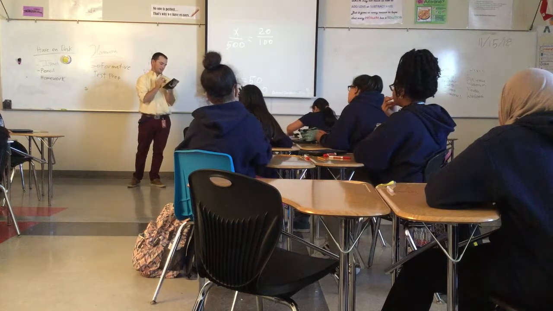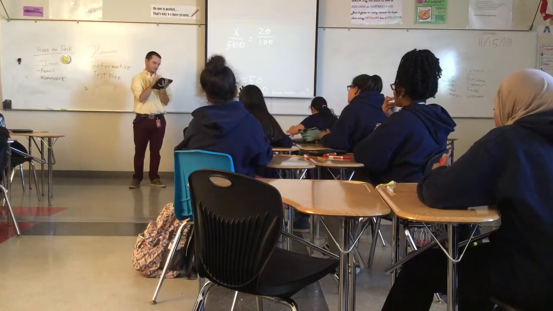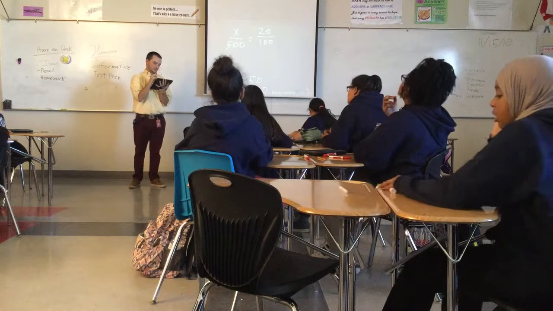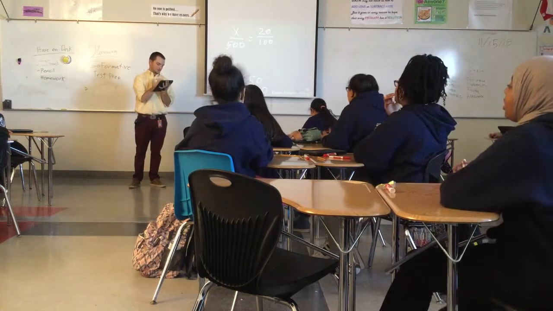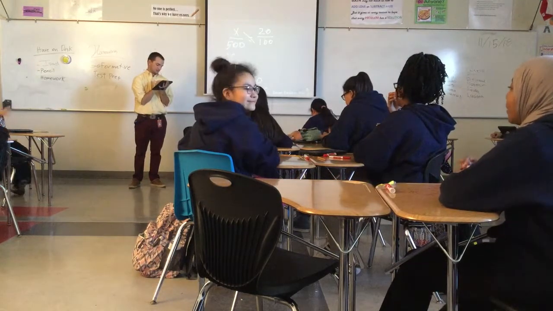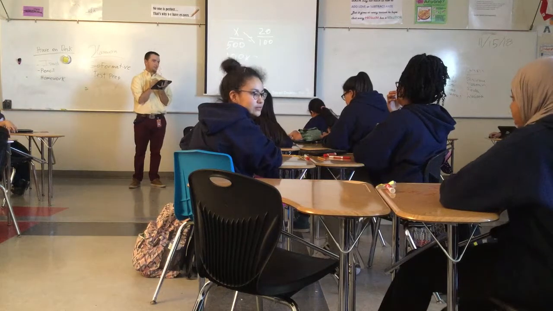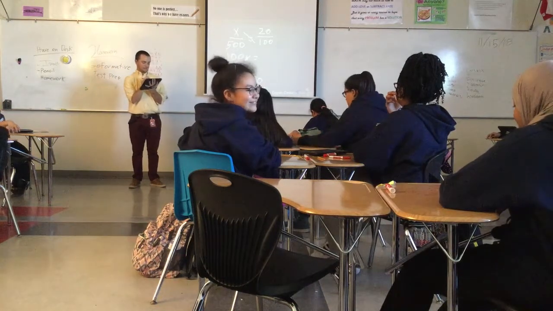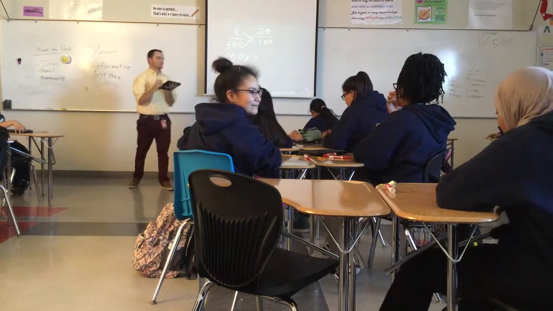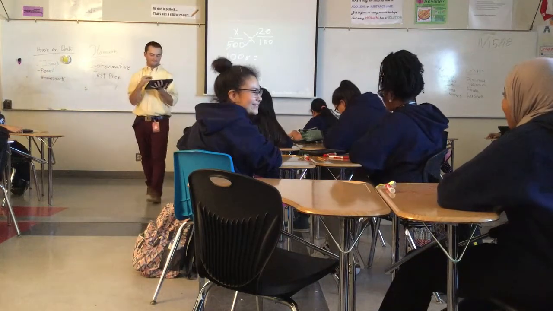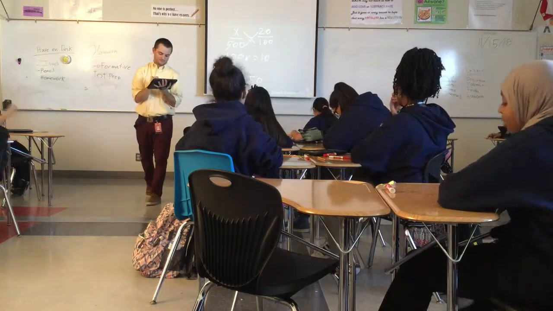So let's double check that by actually doing the cross multiplication. So 100 times x is 100x, and 500 times 20 is 10,000.